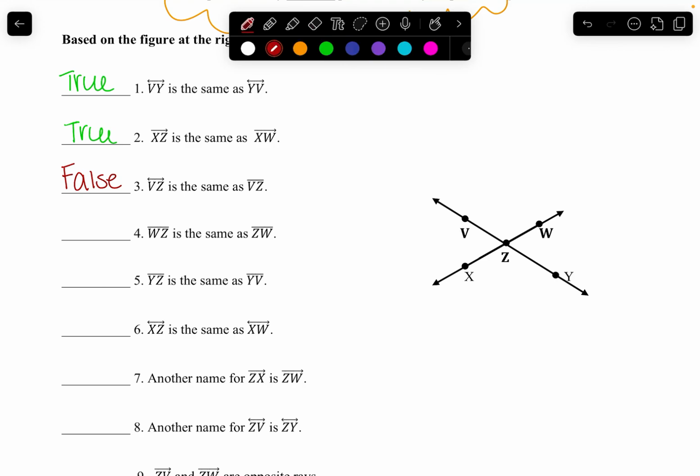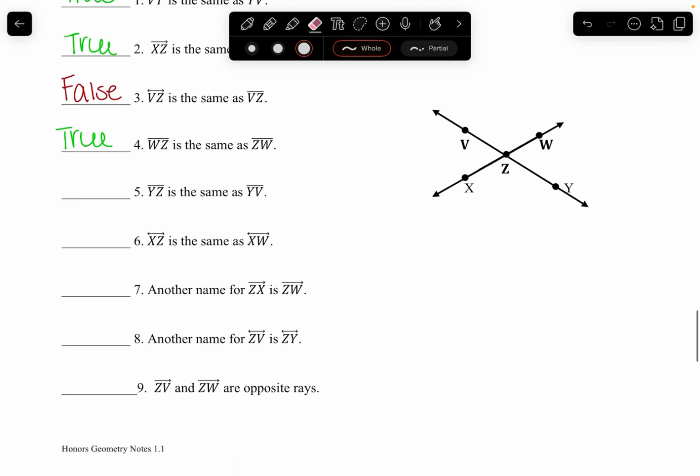All right. It says line segment WZ is the same as line segment ZW. They have the same letters. They're just written in a different order. It doesn't matter if they're written in a different order. WZ is going to be the same as ZW. So we're going to say that this one is true. All right. Number 5 says YZ is the same as YV.